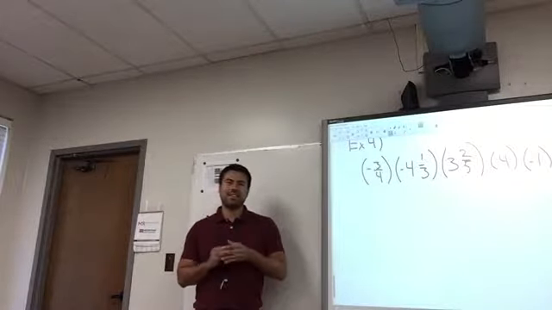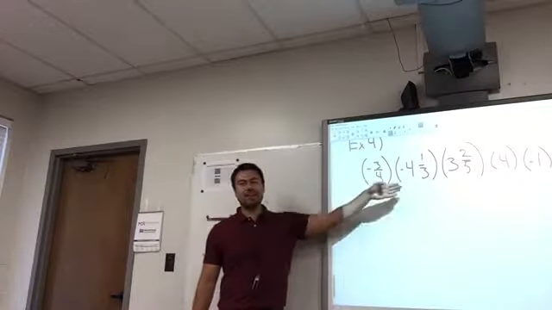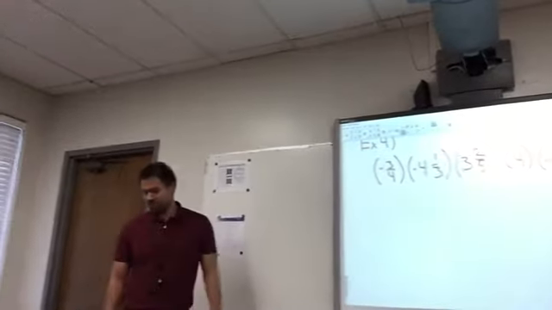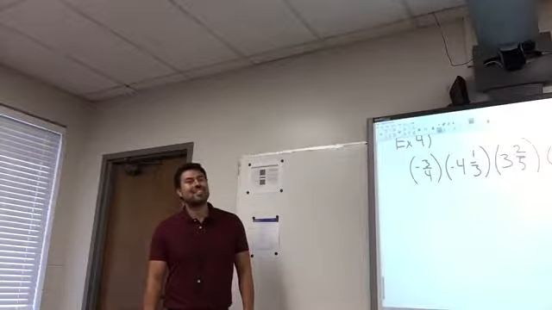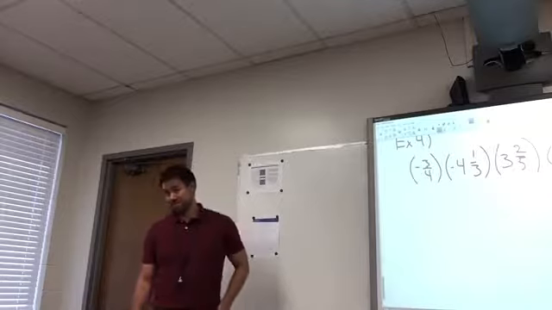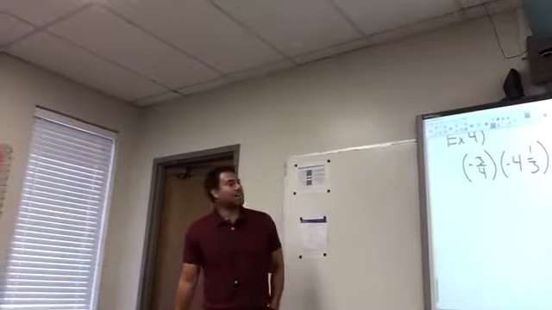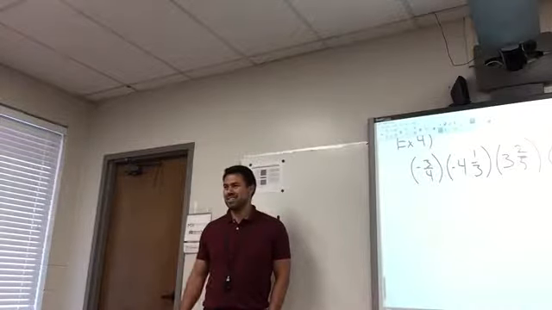Matt, I see that hand. Why is this positive or negative based on what you think? I was gonna say it's positive with 2 negatives, which make a positive, and then positive times positive times positive. No, it's a negative. Okay. So I heard his process there. Carson, why is it positive or negative? Which one is it? I don't know.